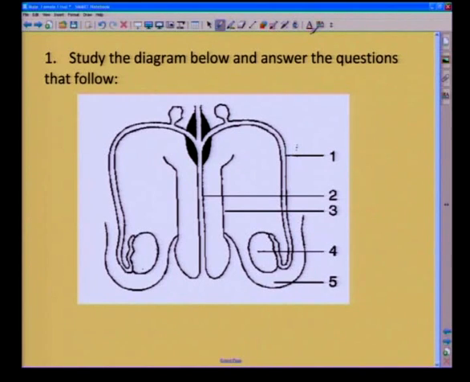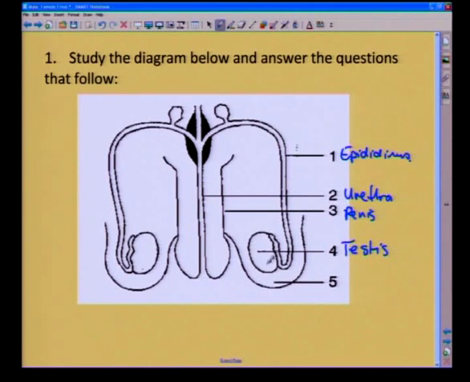So, label number 1. Now let's have a look here. That tube is going from here up to the urethra, so we know that 2 is the urethra. So number 1 is going to be the epidermis. All right. Number 3 is going to be the penis. Number 4 is the testis. Why not testes?